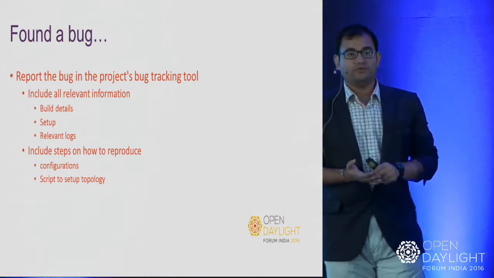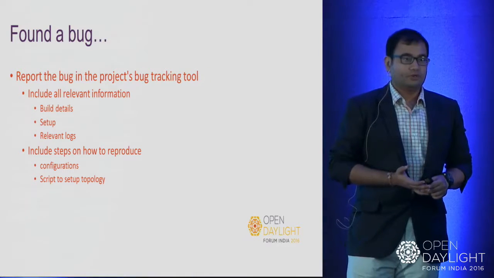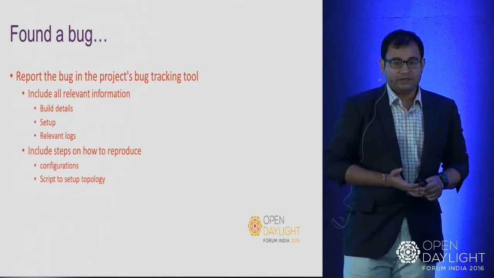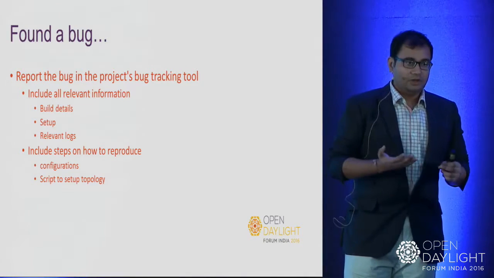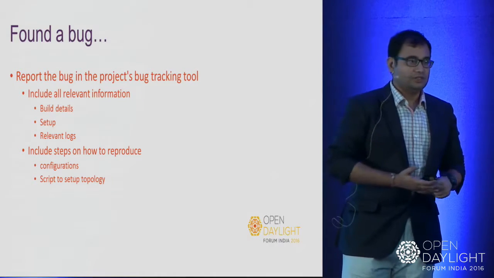So put up all the configuration data that you want associated with the bug, the topology of the network that you are testing with, and any other relevant information, like I'm running it on a hardware server, this is the configuration, I'm running it on a VM, this is the configuration, this is the networking that is done.